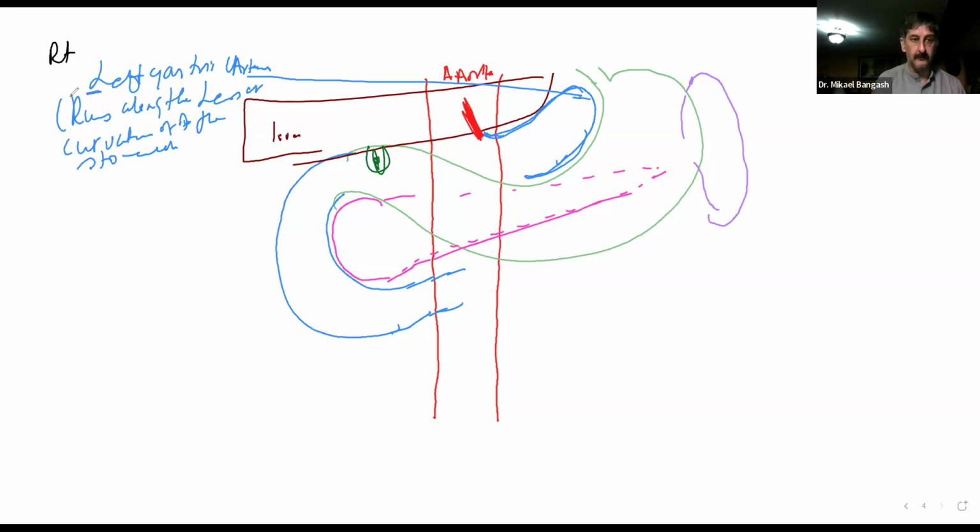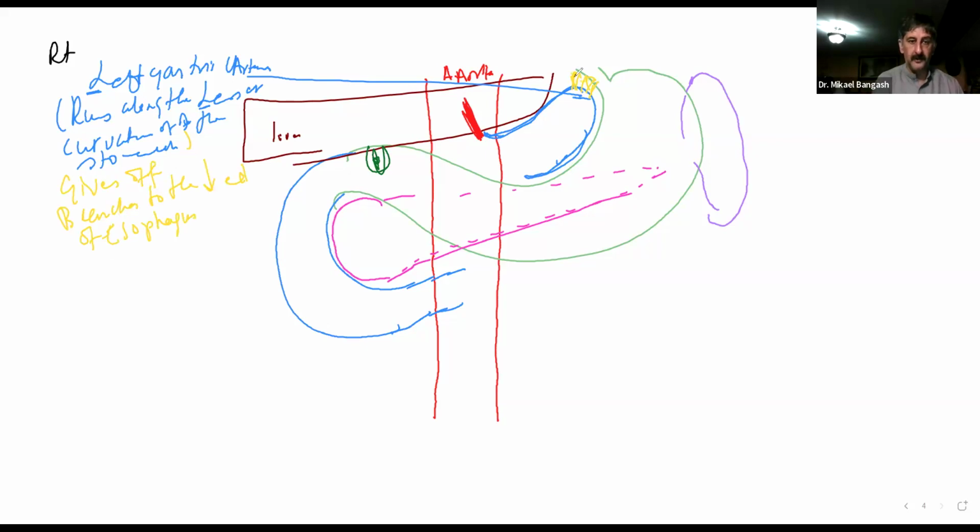Up here it gives off branches to the lower end of the esophagus.